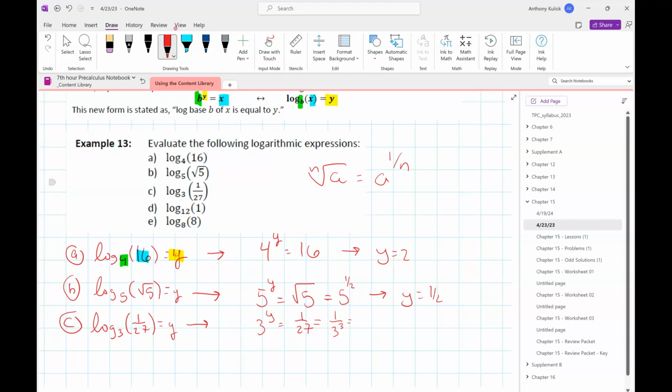And I recognize that I can use this property of exponents, that a reciprocal is the same thing as a negative exponent. So what does that tell me y is? Dude, it's negative 3.